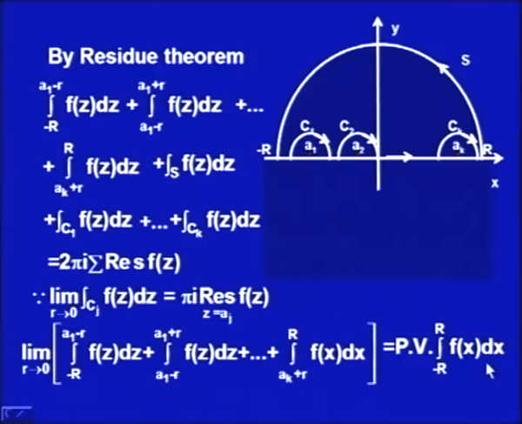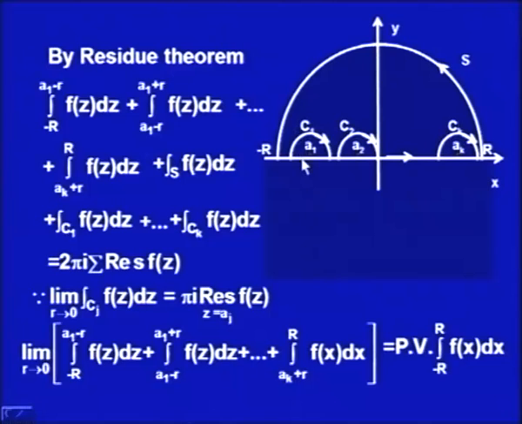Because what we have defined, if there is only a single point at which the function goes to infinity, is that the Cauchy principal value is the integral from minus R to a minus epsilon of f(x) dx plus the integral from a plus epsilon to R of f(x) dx.